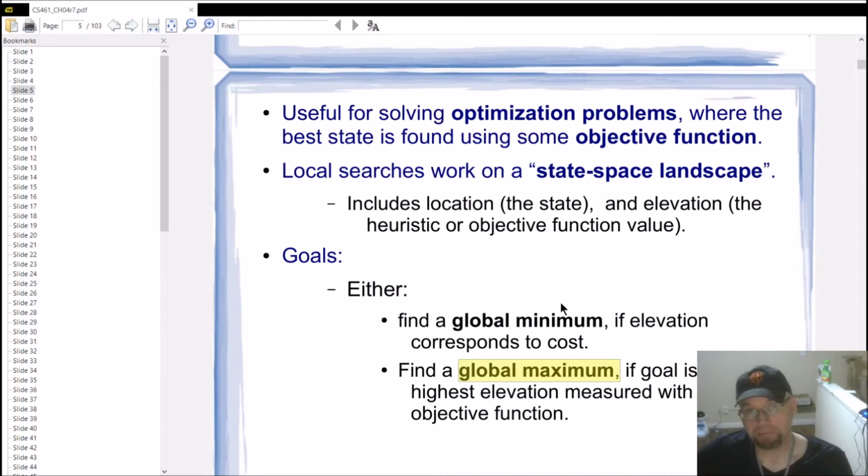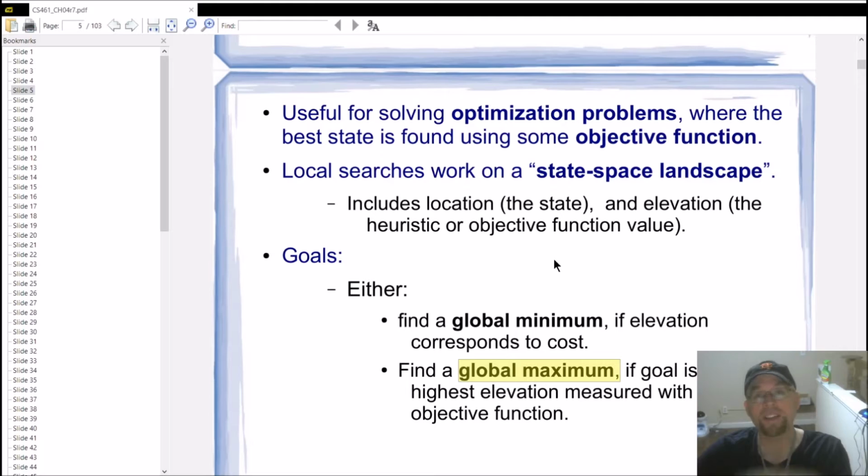So what does that mean? That simply means that of all the nodes you could potentially generate that represent that state space, and remember, nodes and states are kind of interchangeable because nodes are storing states, out of all the potential nodes you could generate, depending on your goals, you want to find a global maximum.